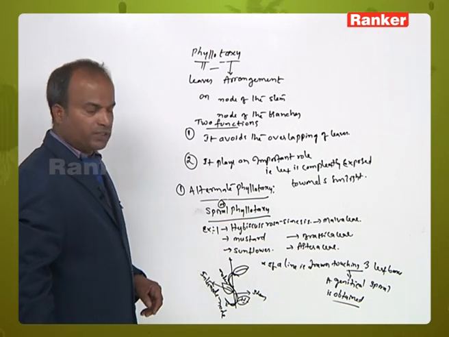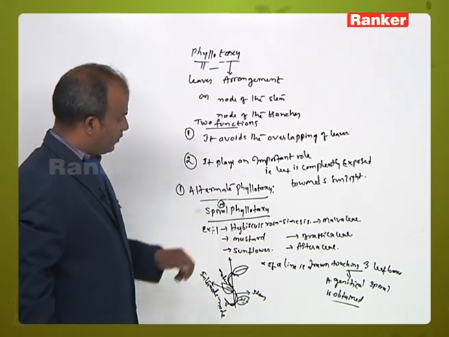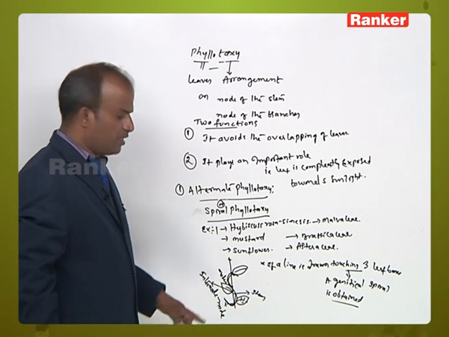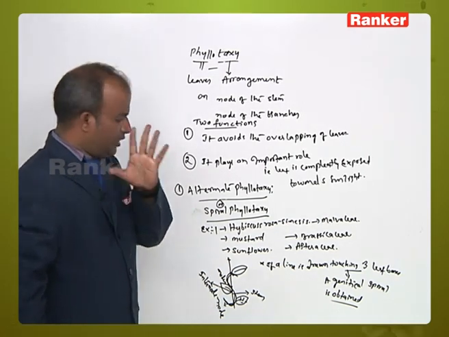Now, in this alternate phyllotaxy, based upon this diagram, it shows how many orthostichies? What is meant by orthostichy? A vertical row of leaves is called an orthostichy.